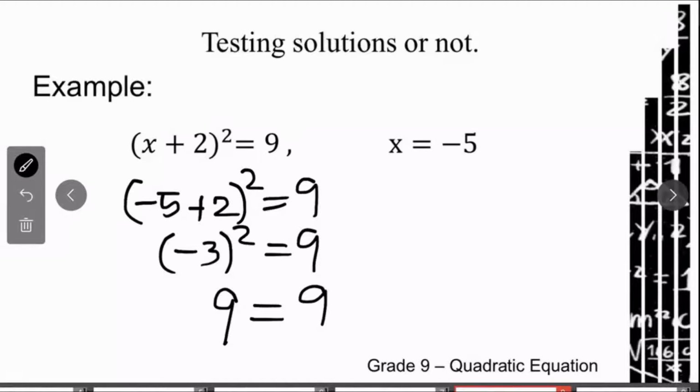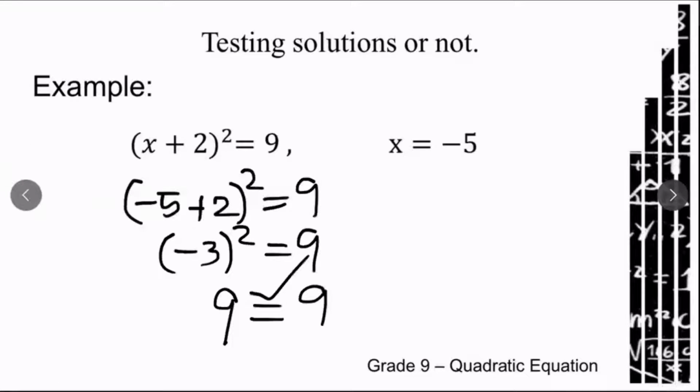Negative times negative is positive, and 3 times 3 is 9. Therefore, as you observe, they are equal to each other, they satisfy each other, meaning x = −5 is a solution of the given quadratic equation.